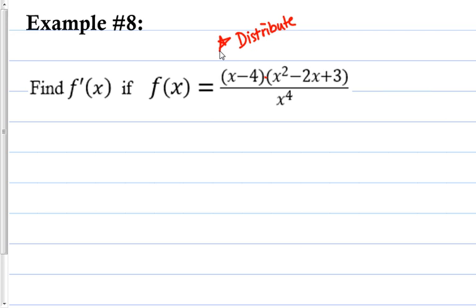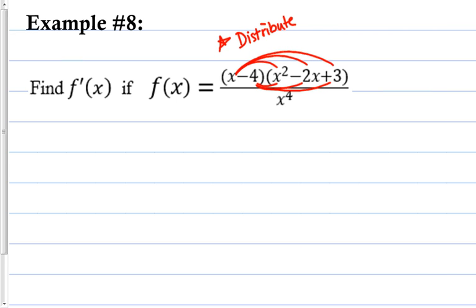The numerator, there's two functions there. And then I used the quotient rule. And it seemed a little bit longer than if I had just gone ahead and distributed these out first. So sometimes it's easier to distribute. In your homework, I suggest you distribute. So I'm going to go ahead and do that, not on screen.